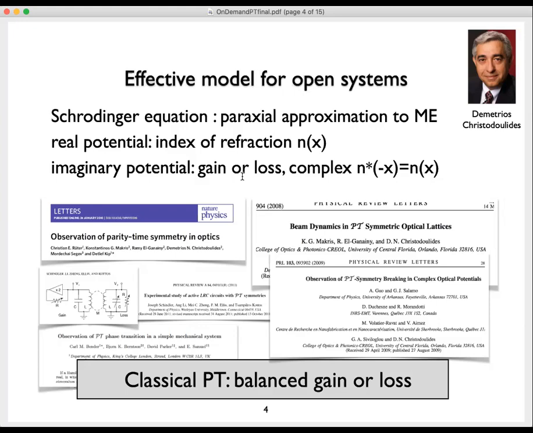Now I call it classical PT because if you try to extend this to the quantum domain, there are challenges. What we have not taken into account in this description is where the challenges lie. If you think about loss, we have ignored the fluctuation-dissipation-theorem-mandated stochastic noise, whose strength will be determined by temperature.